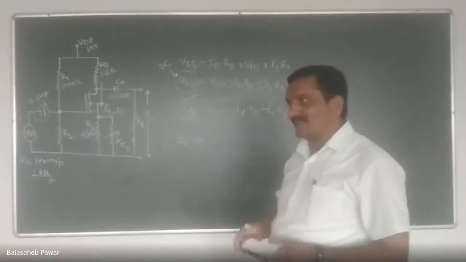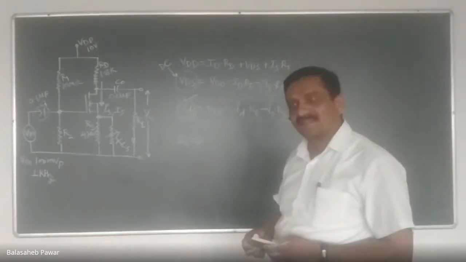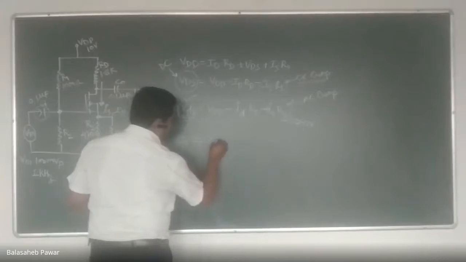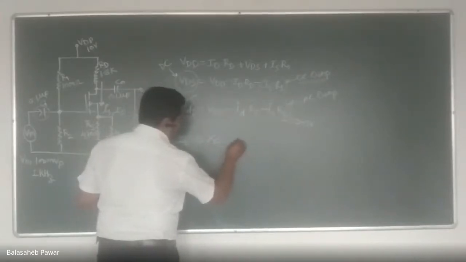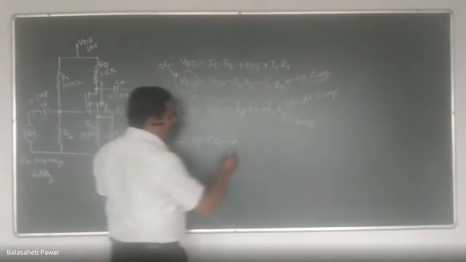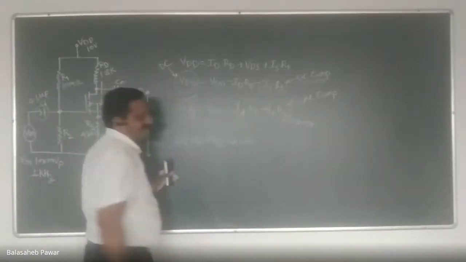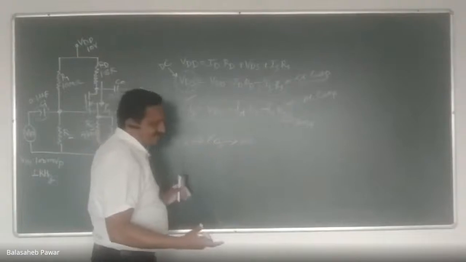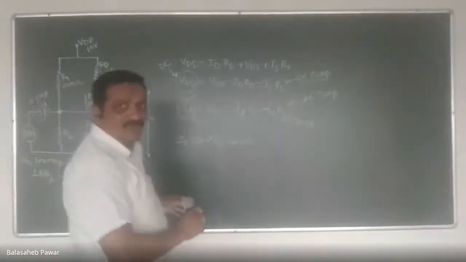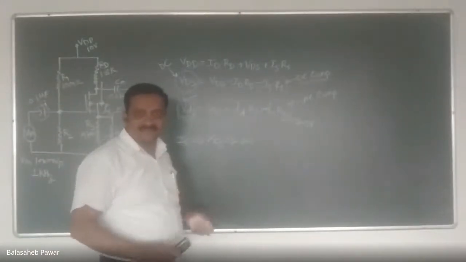It will flow through the resistor, but why not through the capacitor? Because it is a DC component. The reactance offered by that capacitor to the DC component will be infinite.